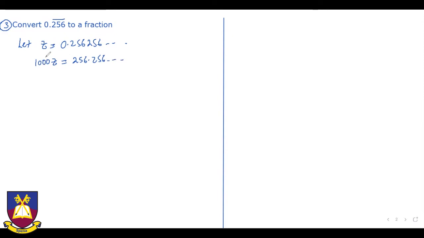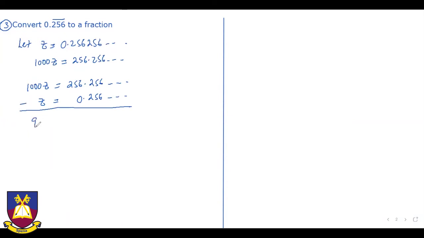And then we're going to subtract these two. 1000z is equal to 256.256 recurring minus z, which is 0.256 also recurring.